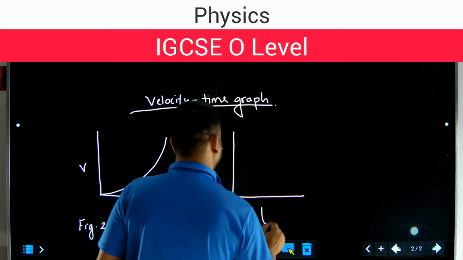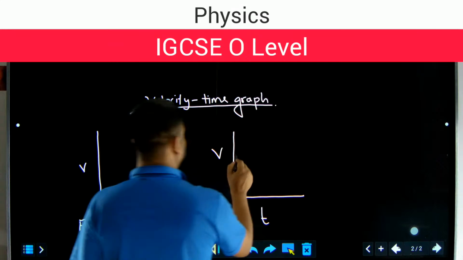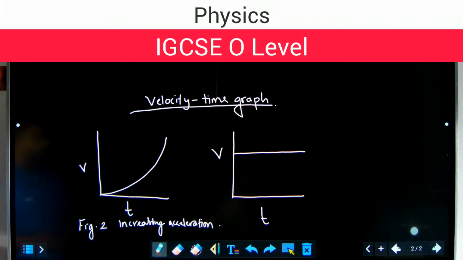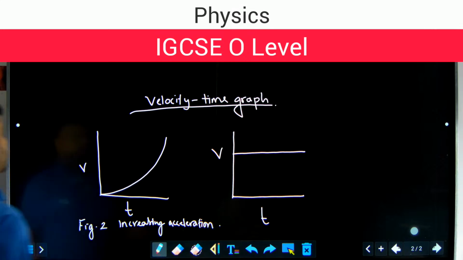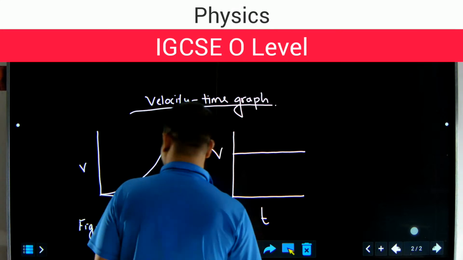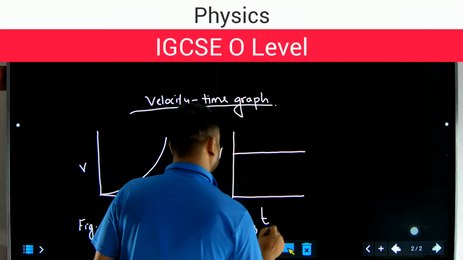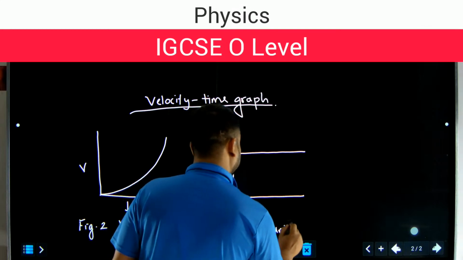If the velocity time graph is a straight line which is horizontal to the time axis, that means the gradient is 0, so it represents constant velocity or uniform velocity.